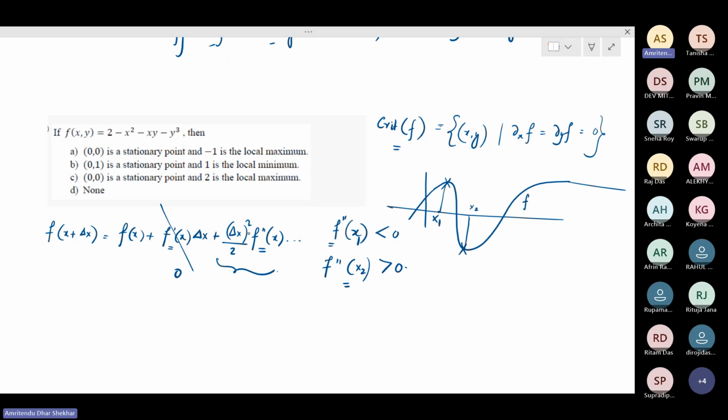If f double dash x is negative, that means that around this point x1, if I take a small second order approximation of f, then f of x plus delta x is actually smaller than f of x up to a second order, up to a third order error term.